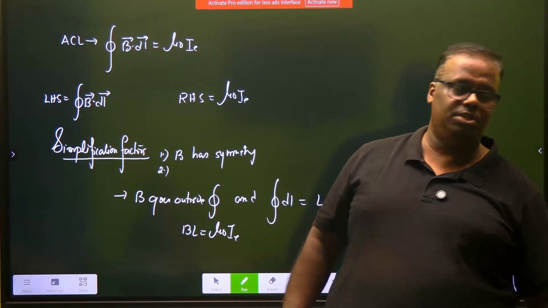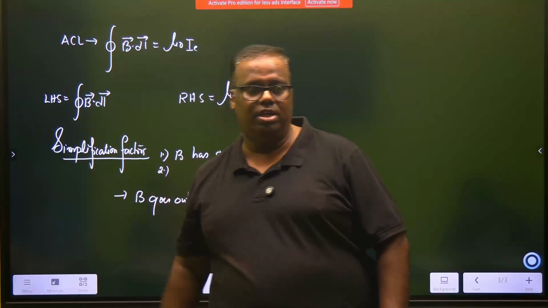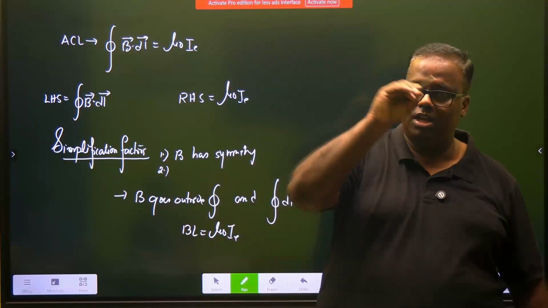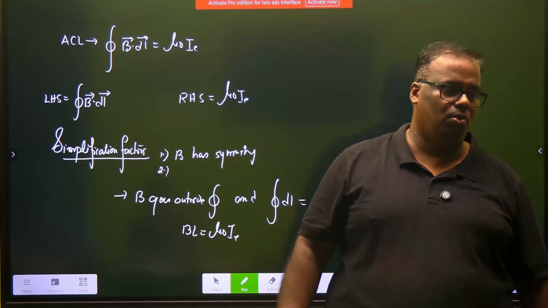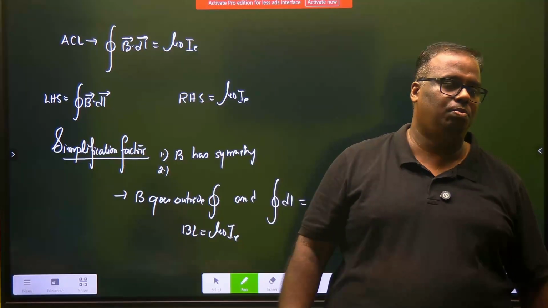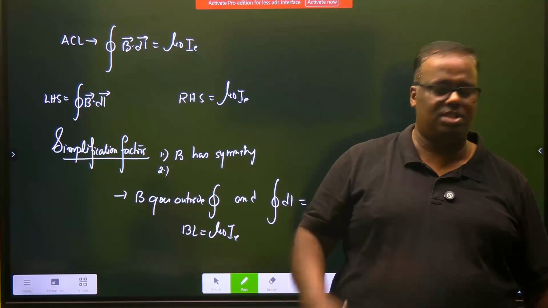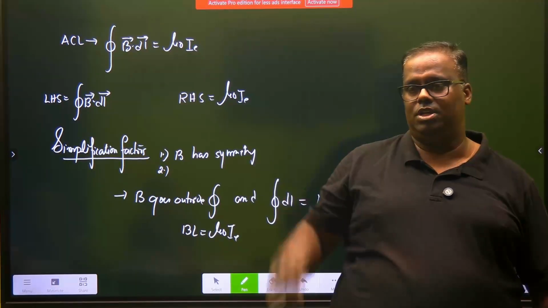Here comes Ampere's circuital law, where we take the current carrying wire and imagine a hypothetical loop around it. Initially we will start with a circular loop. Once you take a circular loop around a current carrying wire, every point on the loop is equidistant, so the B at every point will be equal.